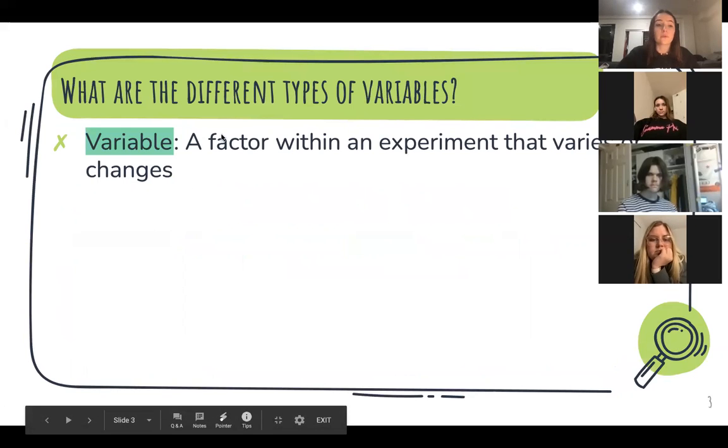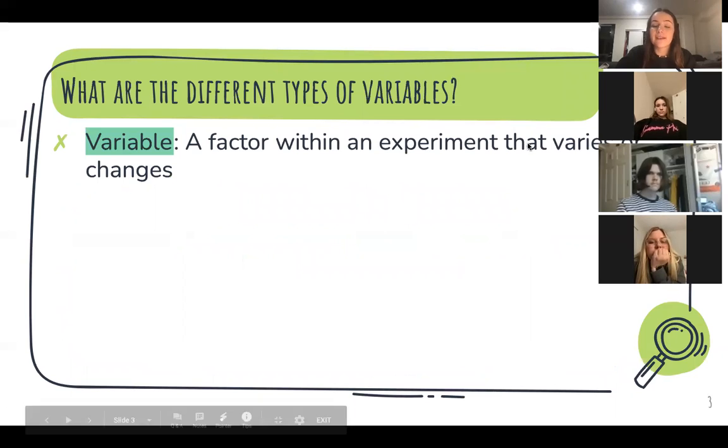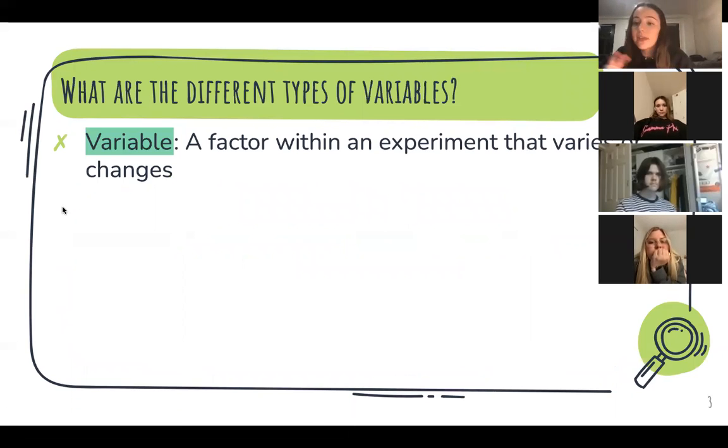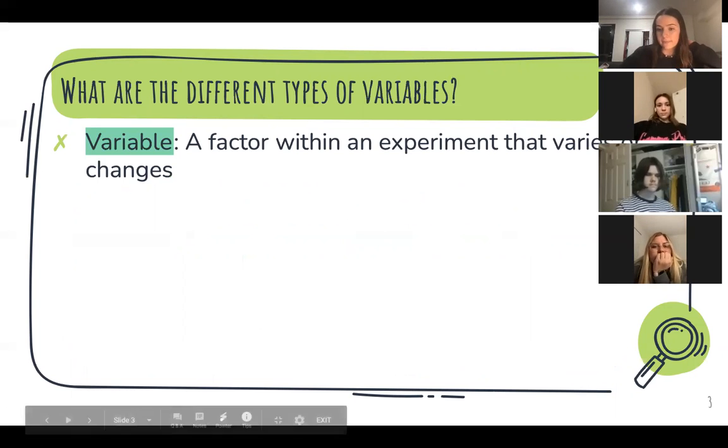So now, like Marissa said, a variable is a factor within an experiment that varies or changes. And we have 2 types of variables for our scientific experiment that we're talking about this week, our independent and our dependent variables. Does one of you guys want to try to define what an independent or a dependent variable is?